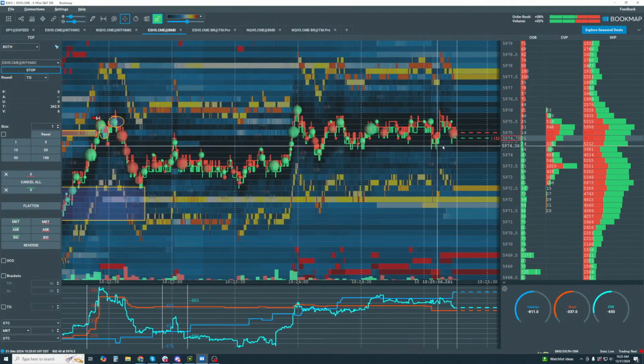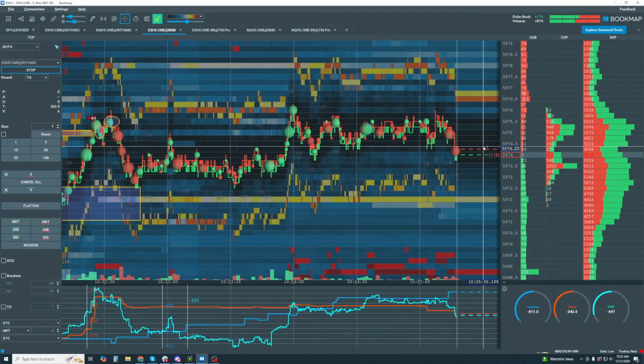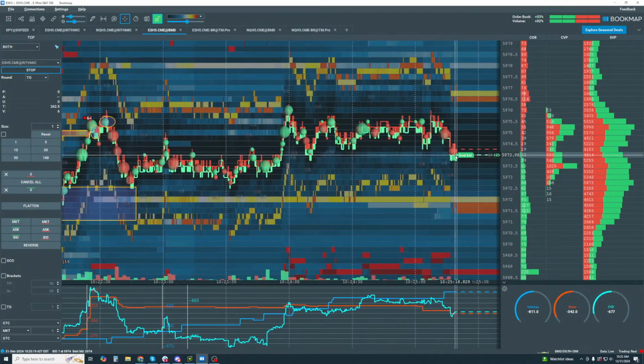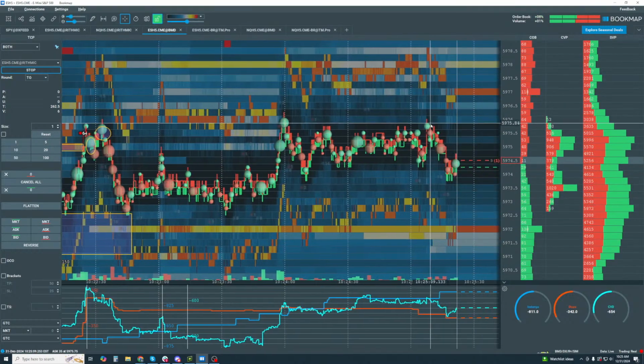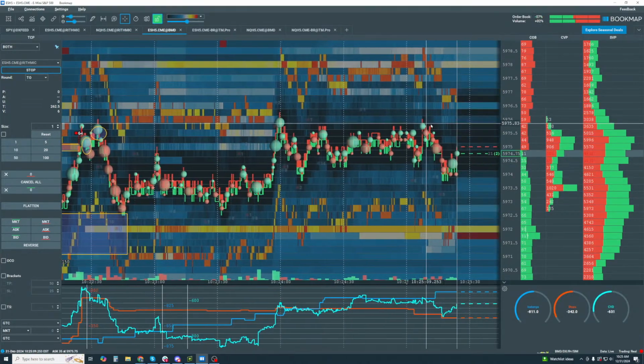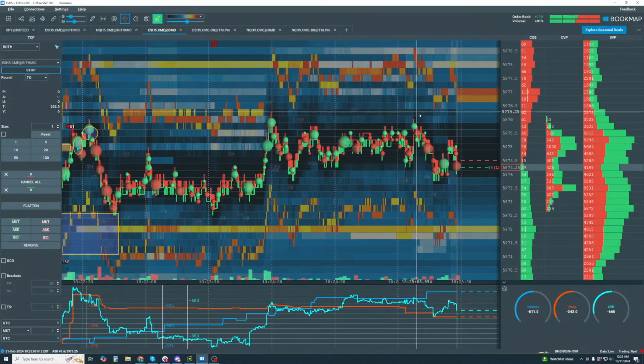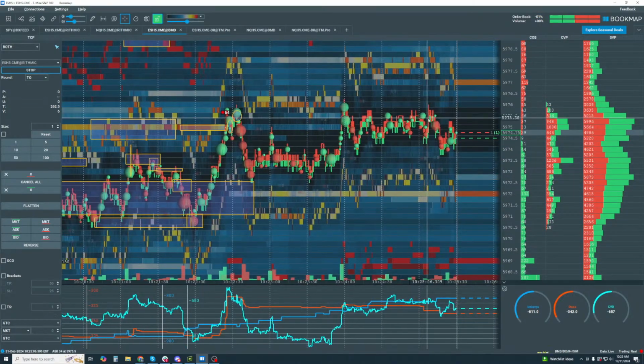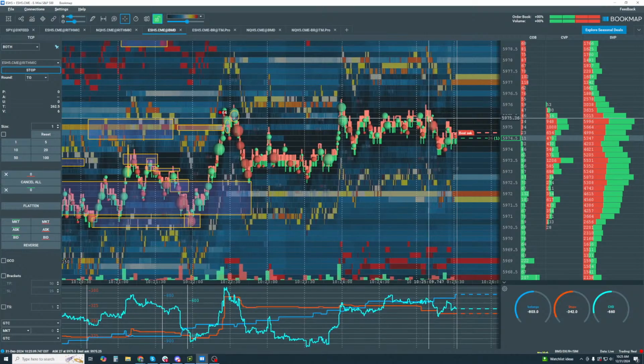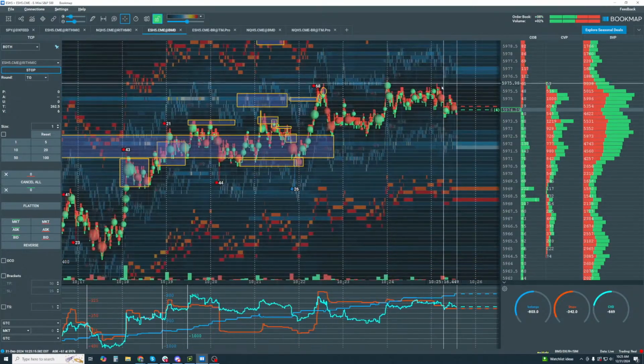It's turning into a battle in here, buyers and sellers. Just not really seeing anything.